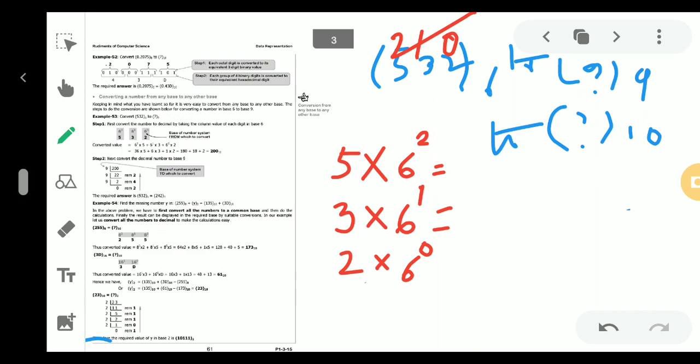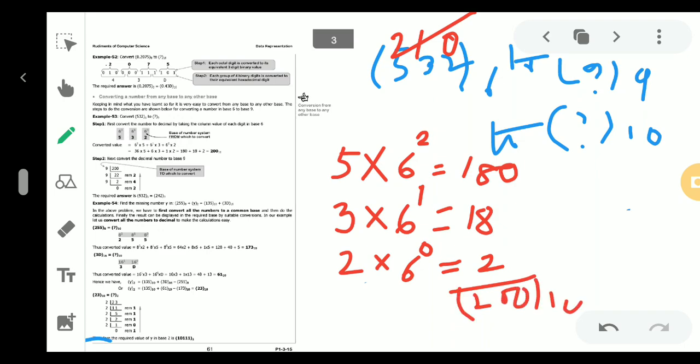Anything to the power 0 means 1, then 2 into 1 is 2. 6 to the power 1 means 6, into 3 means 18, and 6 to the power 2 means 6 into 6, 36, 36 into 5 is 180. If you add it, the result we get is 200. It is in base 10.